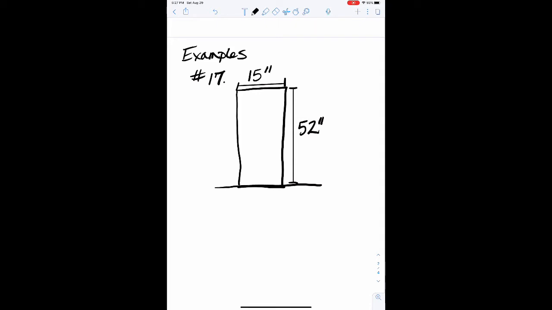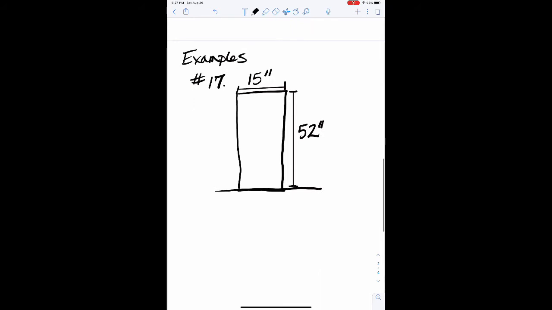And I think either they tell us that the height of the center of gravity is 26 inches up, or they want us to assume, because it's a symmetrical object, that the center of gravity is halfway up.